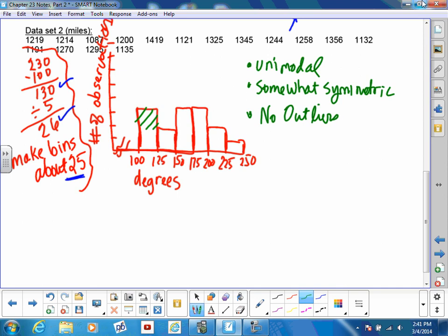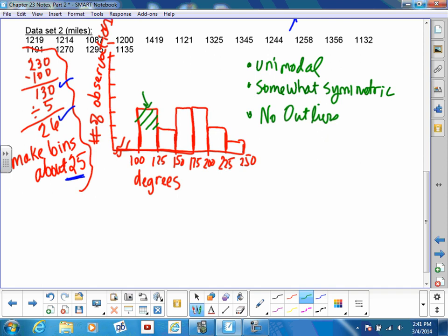Now, why it doesn't look perfectly symmetric is because of this taller bar I have over here on the left. Do you think that this is enough over here on the left to significantly impact the mean? I think it's going to pull it down a little, but I don't think it's going to be a significant impact. So this here is not really going to worry me about crazily influencing my mean.